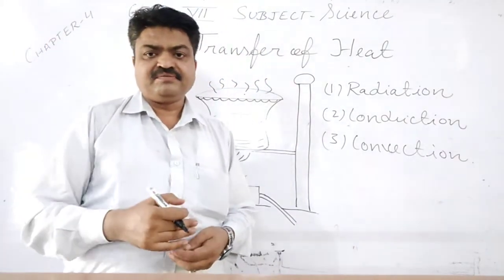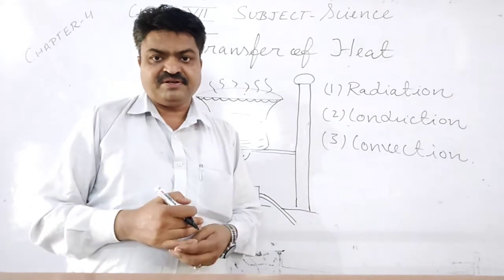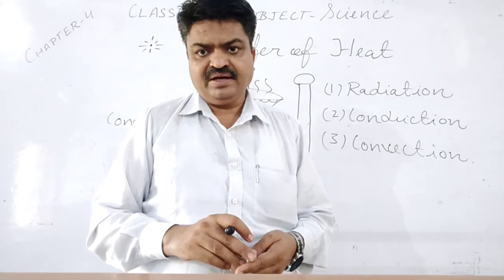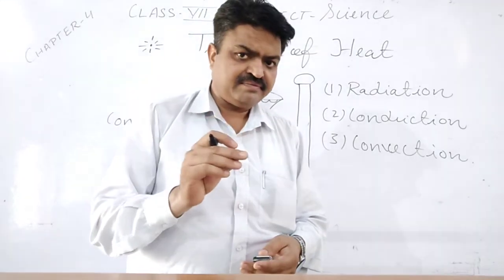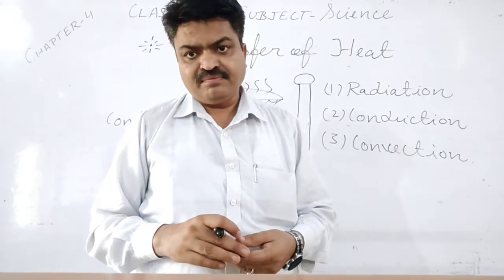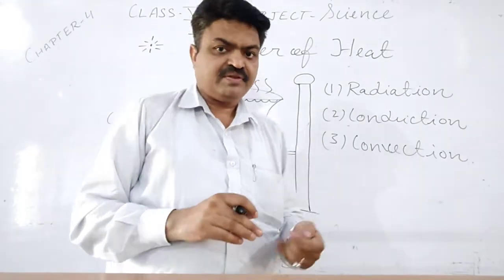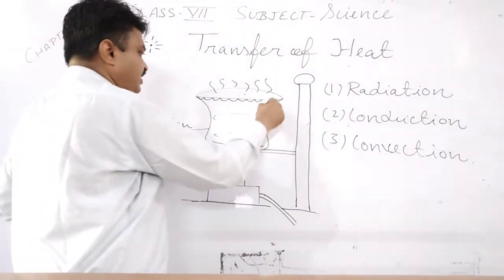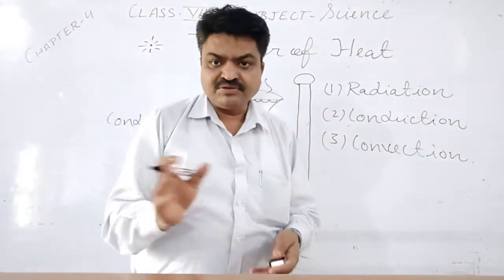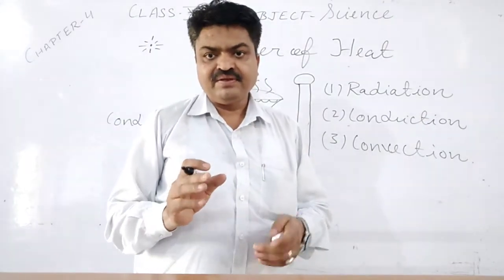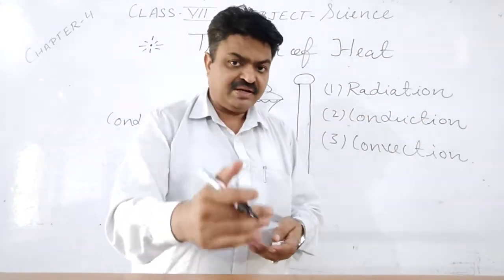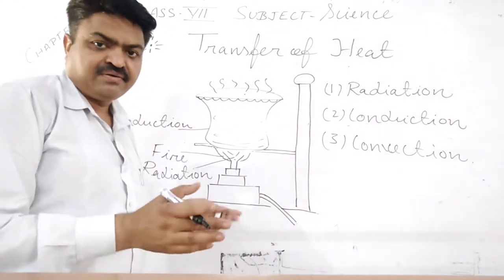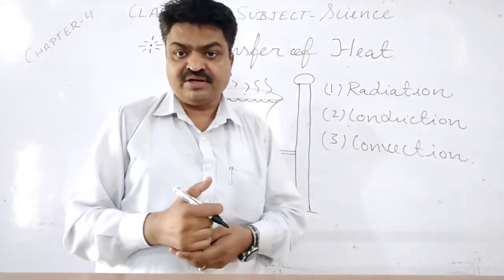The process by which heat is transferred through matter is known as conduction, and the metallic object is known as a conductor. We can say that this pot is a conductor of heat because it is passing the heat to the whole pot, which means heat energy is transferring here. That's why this pot becomes hot, students.